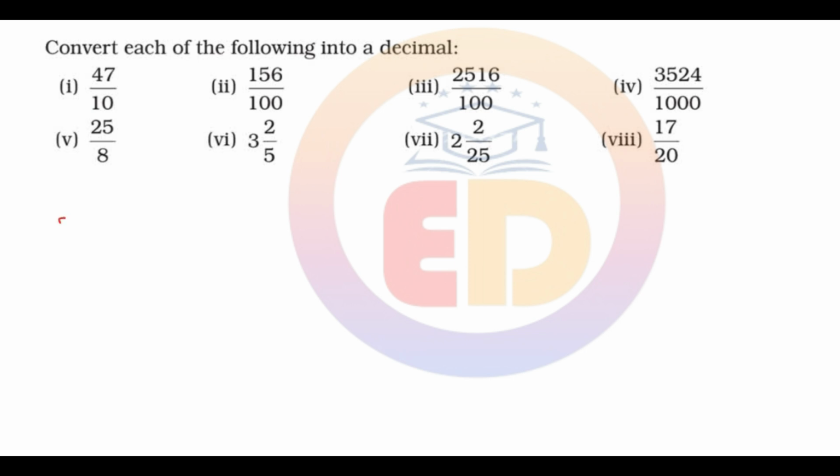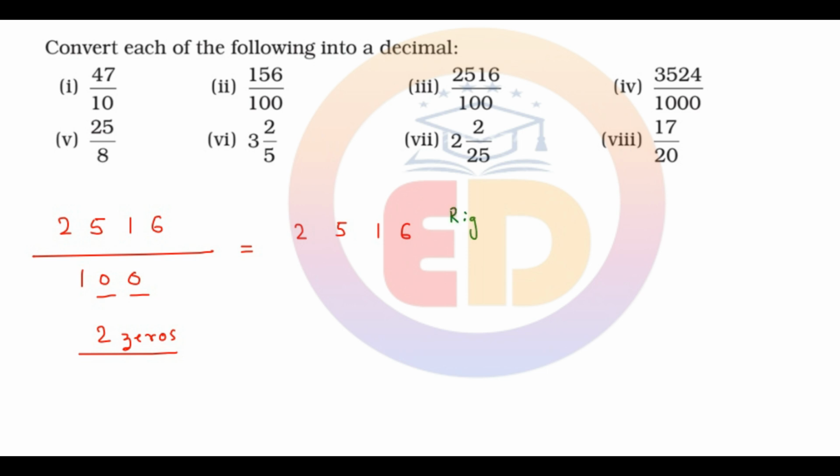Third example, 2516 upon 100. In the denominator 100, I have 2 zeros. So now I'll go to the numerator 2516, and from the right side I will count 2 zeros.